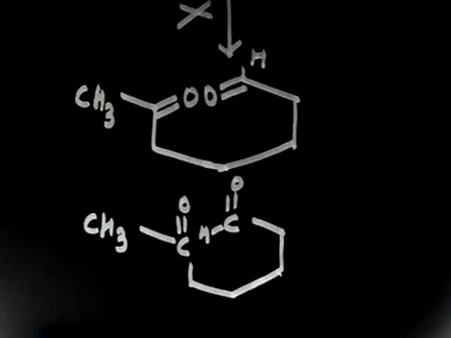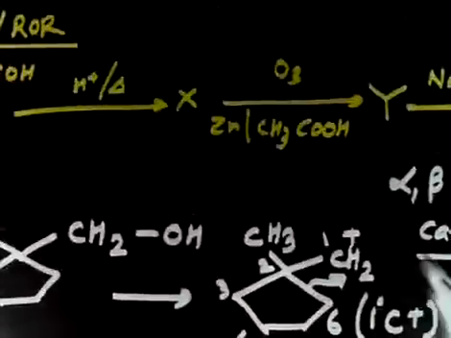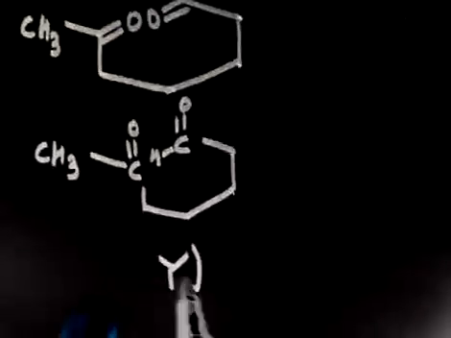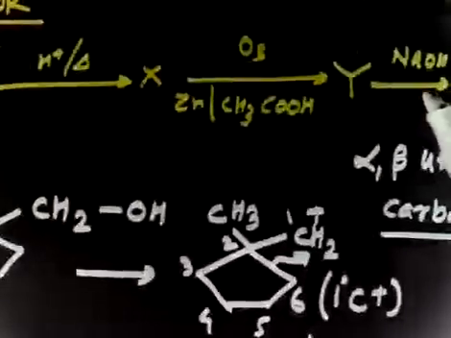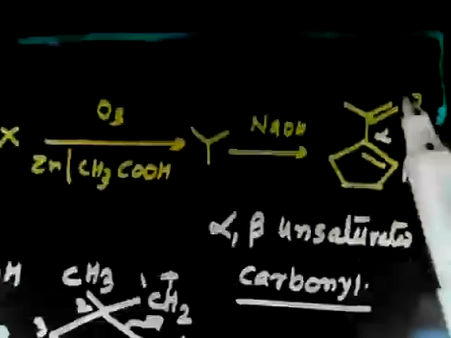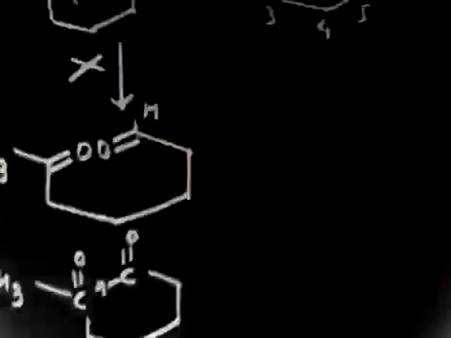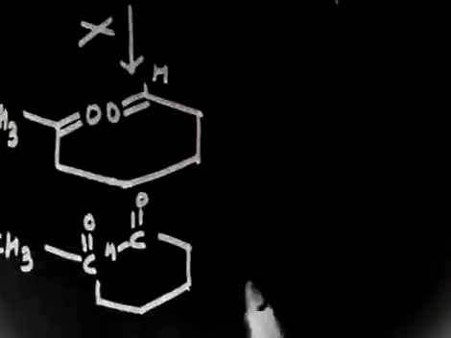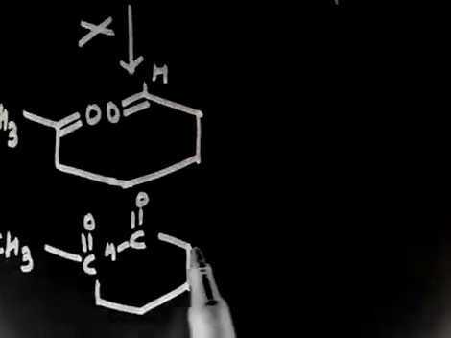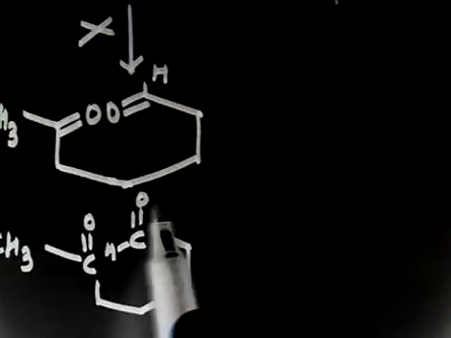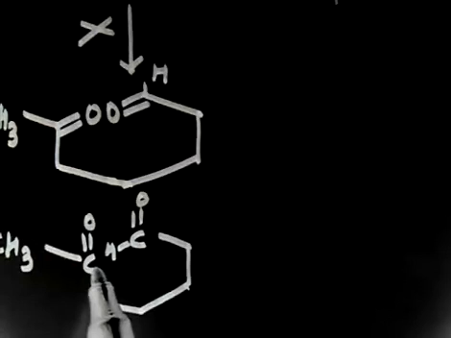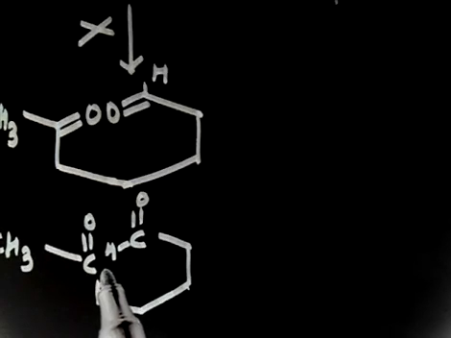The next step is aldol condensation, NaOH. Now if I do ozonolysis and aldol condensation with NaOH, I am getting the final product as this. So now the possibility is I can make a carbanion here at the CHO side, and if I take H plus, it attacks here. So in that case I will not get that compound.